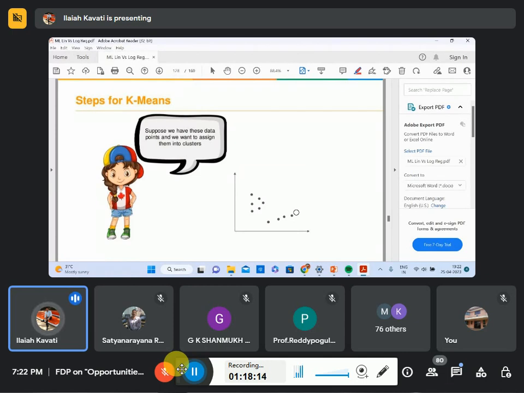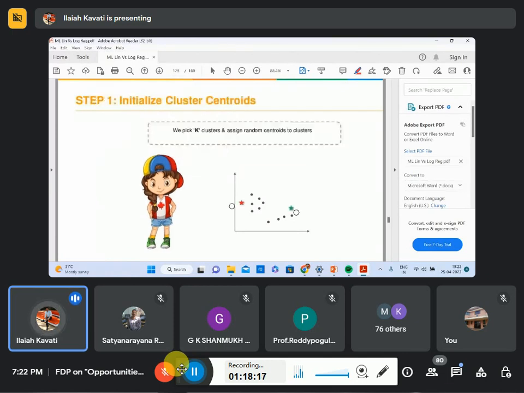So I am choosing some random centroids, the red star and the green star. This is the centroid of one cluster, and this is the centroid or mean of the other cluster.